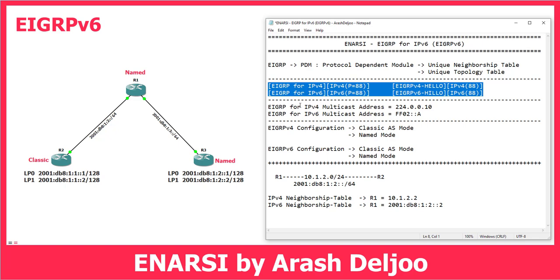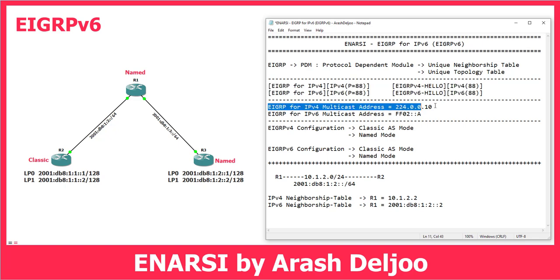I will show you. Also, you know that for the dynamic neighborship in EIGRP for IPv4, we are using the multicast address 224.0.0.10. In EIGRP for IPv6, we again have one reserved multicast address, and the reserved multicast address for IPv6 EIGRP is FF02::A.